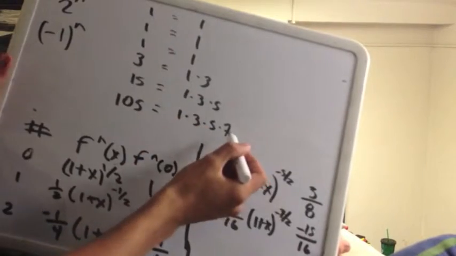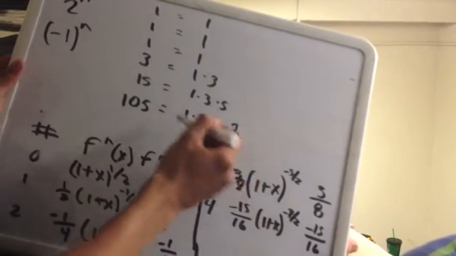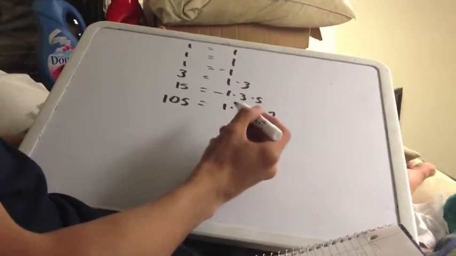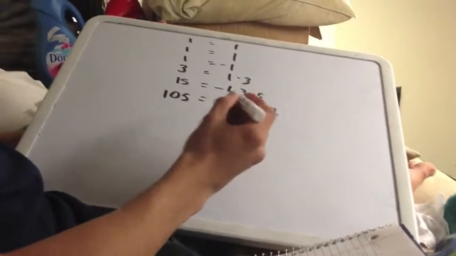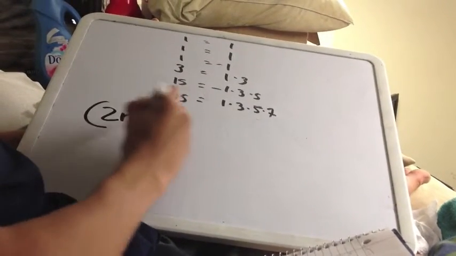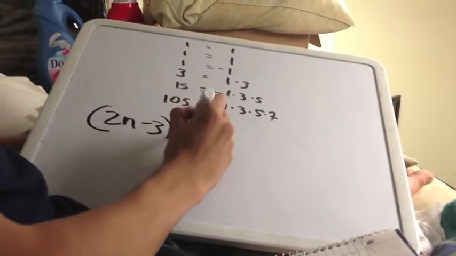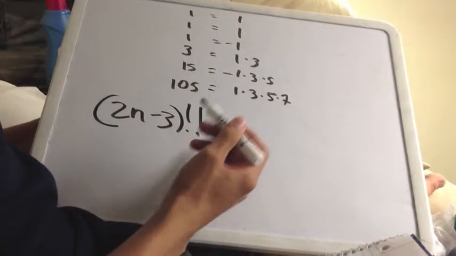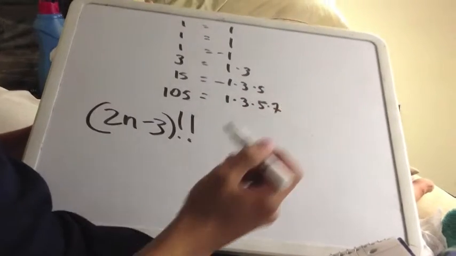It looks like a factorial, but what kind of factorial only gives you odd numbers? After looking at this pattern for quite some time, and lots of researching, I found out that it can be explained by this right here, 2n minus 3 double factorial. So that explains all the odd numbers that are coming out.